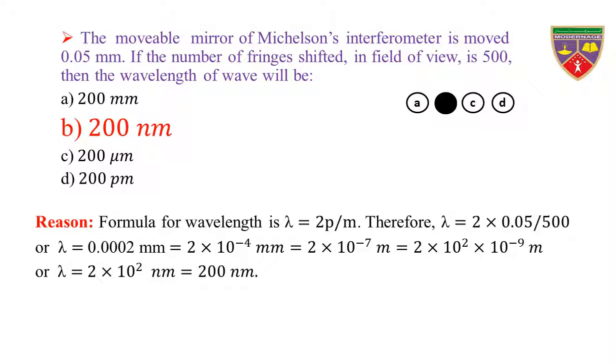Reason. Formula for wavelength is lambda is equal to 2p divided by m.